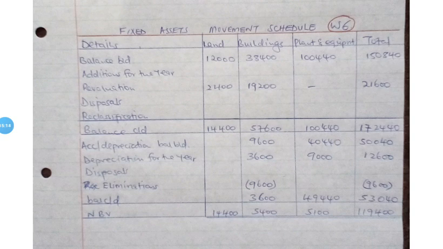Then from there you go to eliminations. That one is also an item in our format. What do we eliminate? Anytime we revalue an asset, we disregard its previous accumulated depreciation.